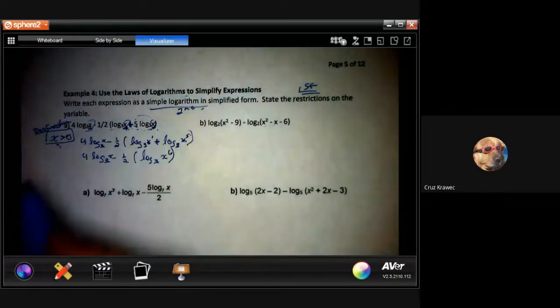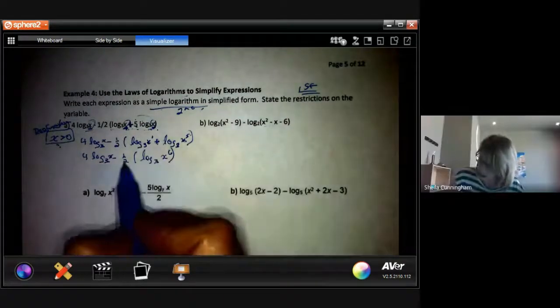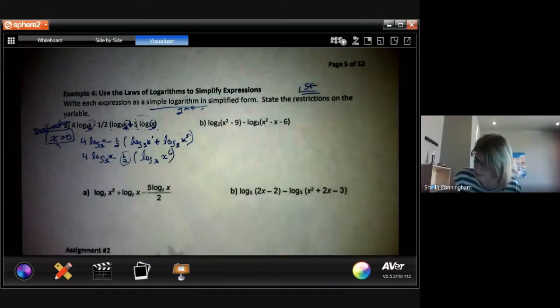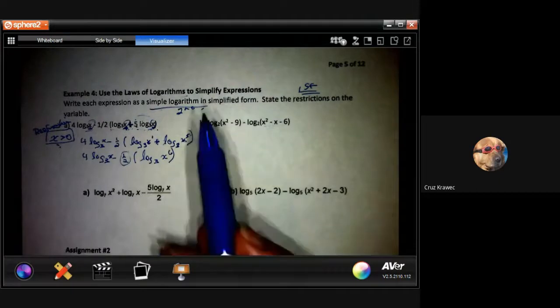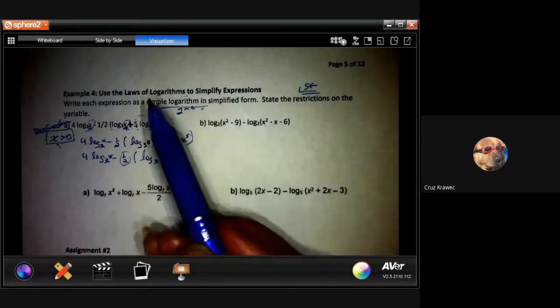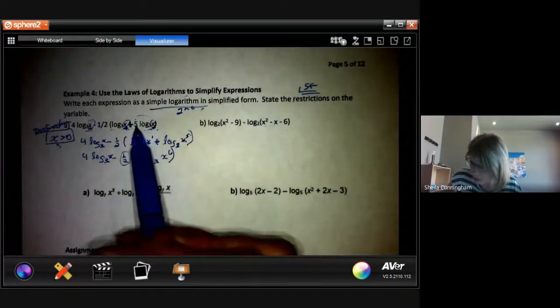Do you multiply the half into the log? Like this half is going to go where? It's going to multiply into the 3. I could be wrong about that. So think about the 5. When we had the 5, where did the 5 go?